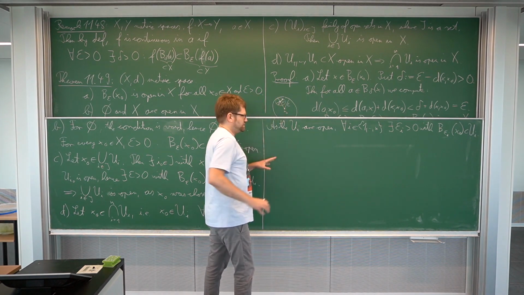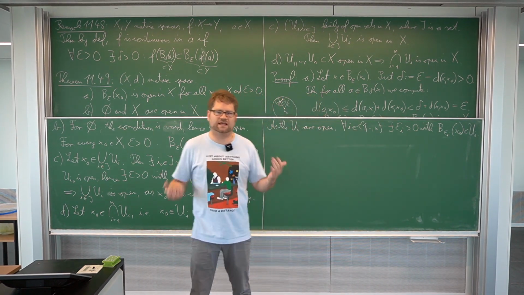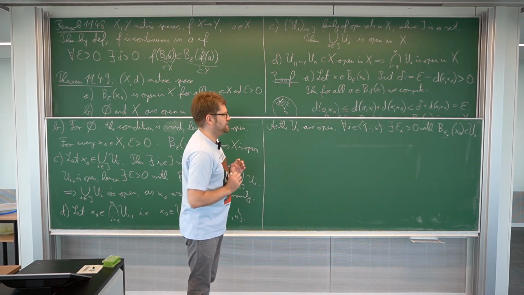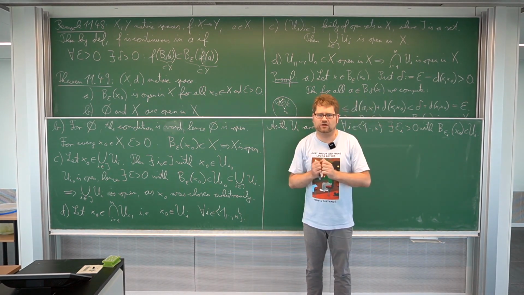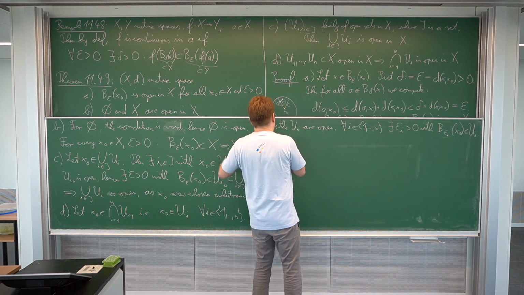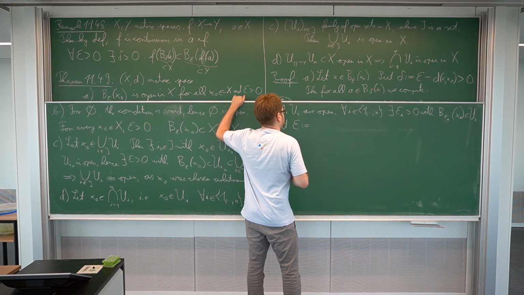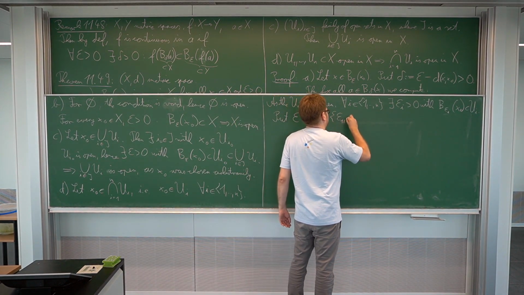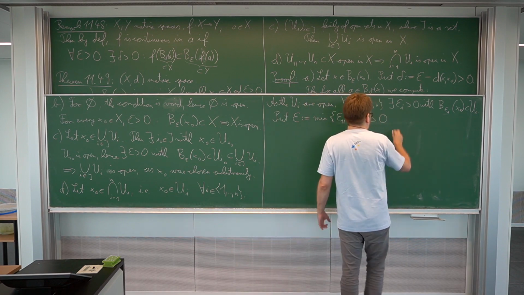Now, this is for every ui separately, we have this epsilon i, so how can we find an epsilon such that it's contained in the intersection, so in all of these ui? And the idea is now, because all these epsilon balls have the same center and they might be bigger or smaller, we just take the smallest. We just put epsilon to be the minimum over all epsilon 1 to epsilon n, which is a positive number.